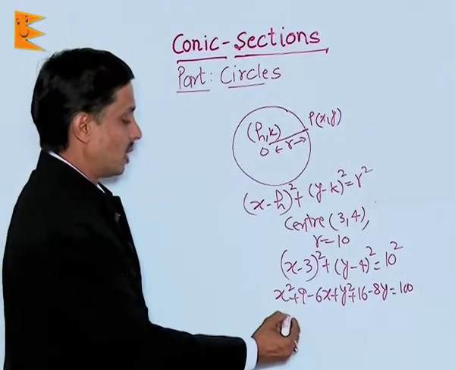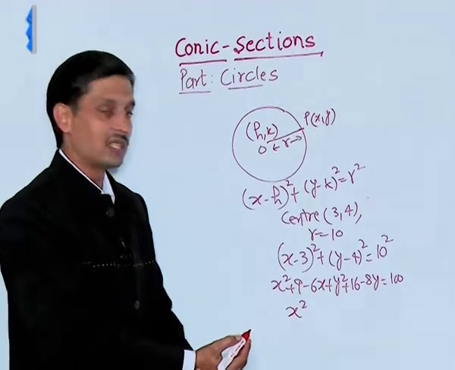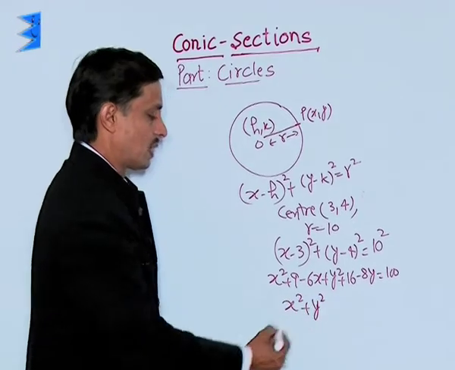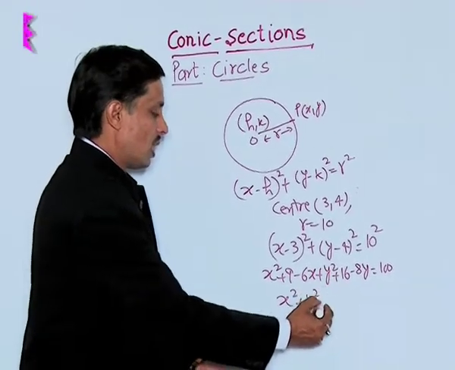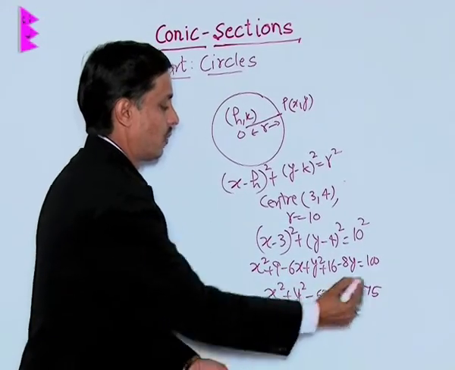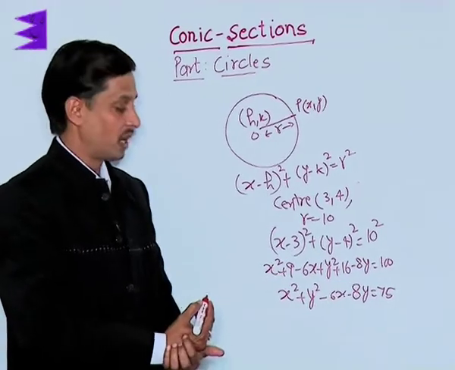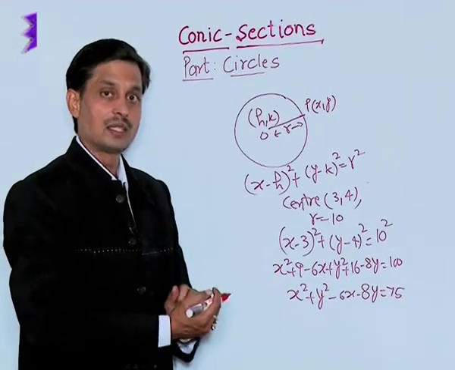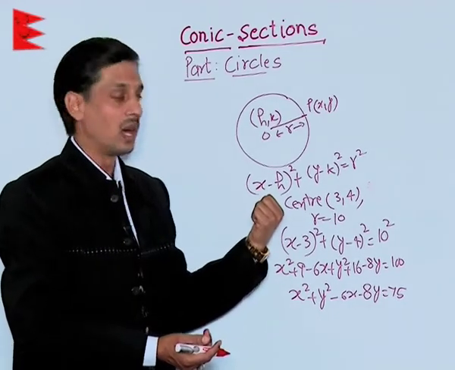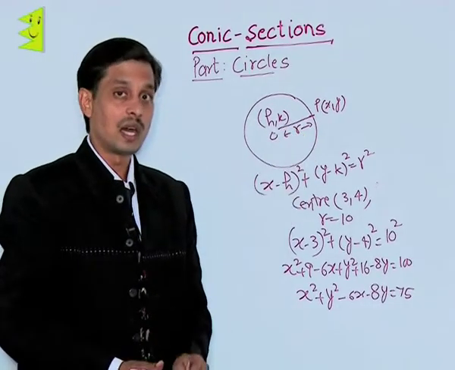So we can say the equation of the required circle whose center is at 3, 4 and radius is equal to 10 is given by x square plus y square minus 6x minus 8y is equal to 75, because 16 plus 9 is 25, which when subtracted from 100 gives 75. So this is the application and this is the formula in case the center is at h comma k and the radius of the circle is r.